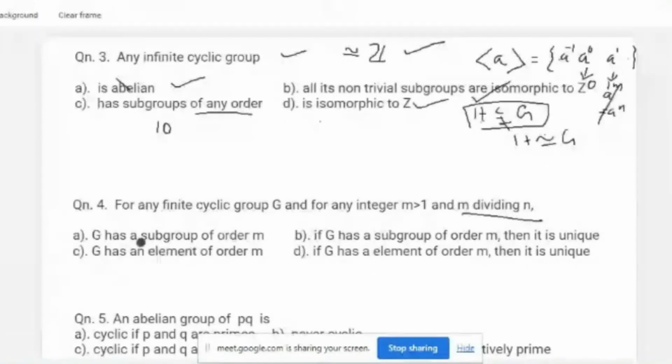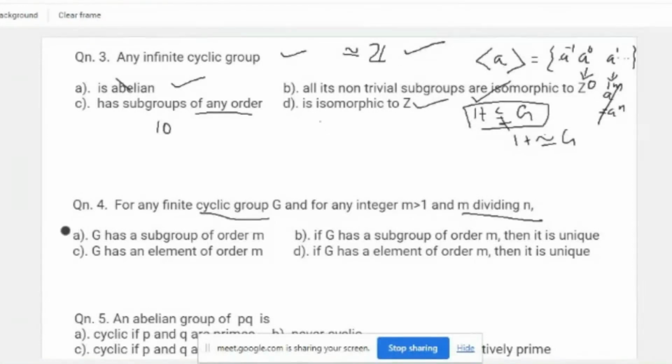We can check all the 4 options whether it is true or not. G has a subgroup of order m, for any finite cyclic group G, for any divisor m of n, which is not equal to 1.